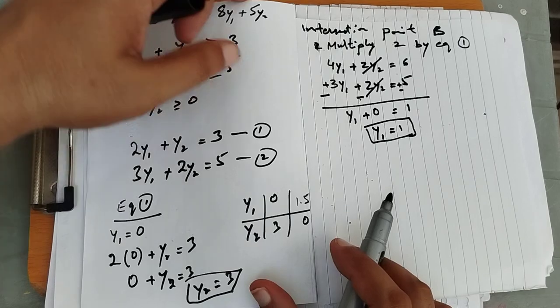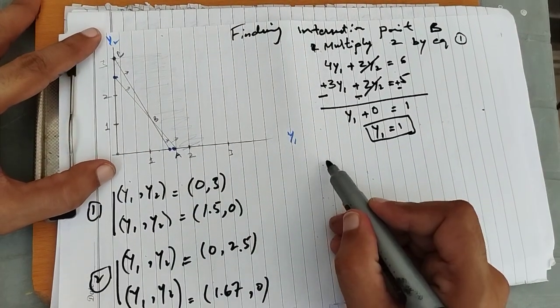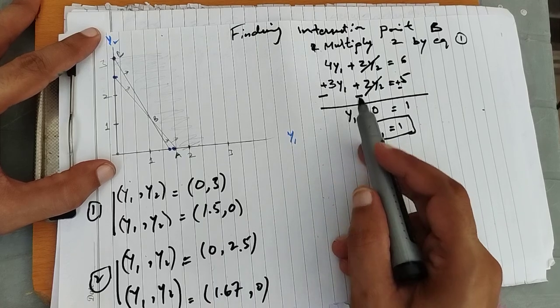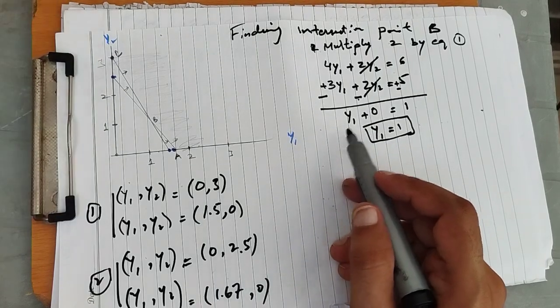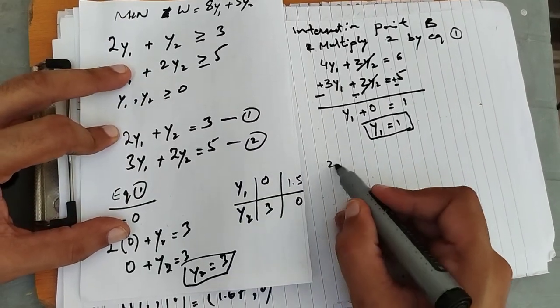We must go for y2. So for y2, we have to put this y1 value into equation number 1 again.